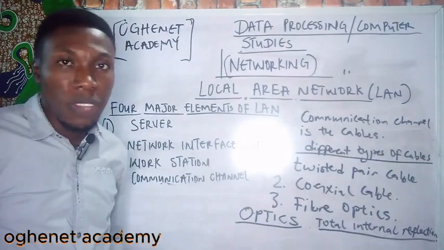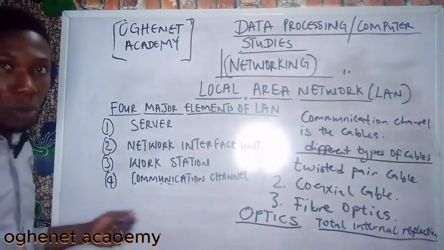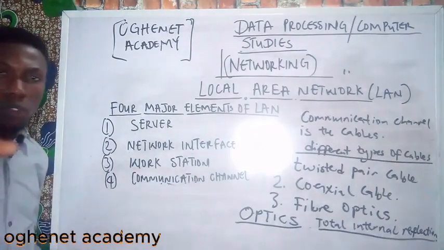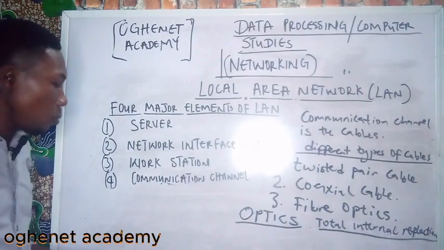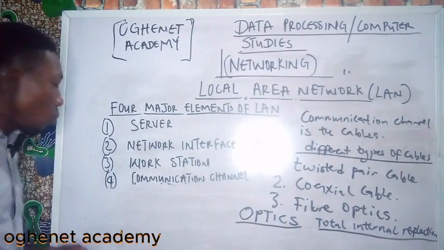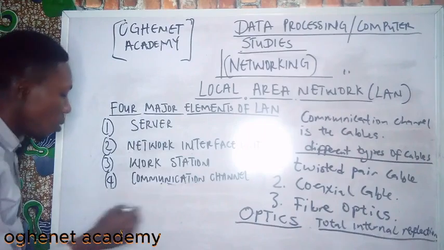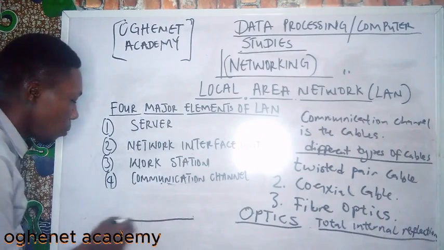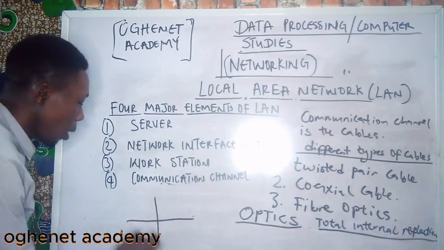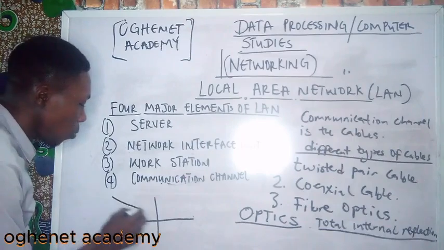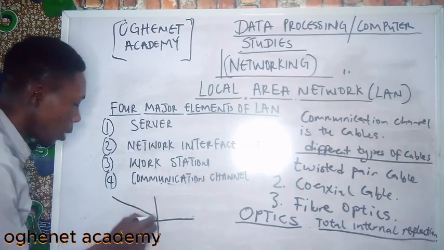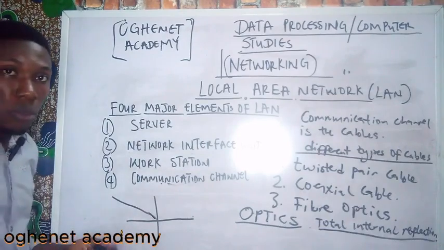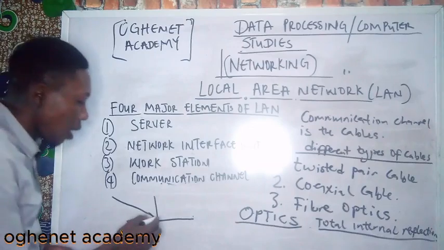Now, in total internal reflection, I think I will come this way so that you can actually see what I'm about to draw. In total internal reflection, the principle is normally when light is passed through a particular medium, let's say this is the medium, and then light comes into this particular medium like this. When the light wants to come out, what happens?